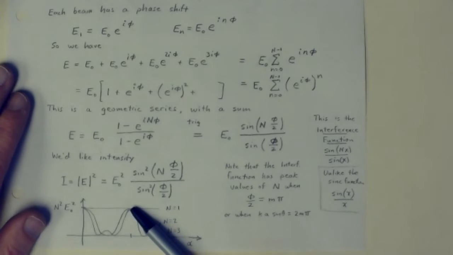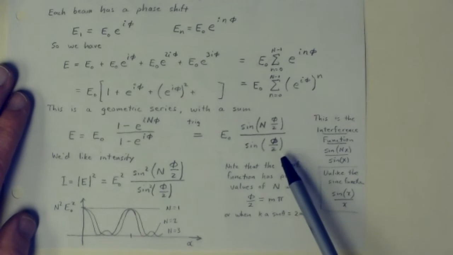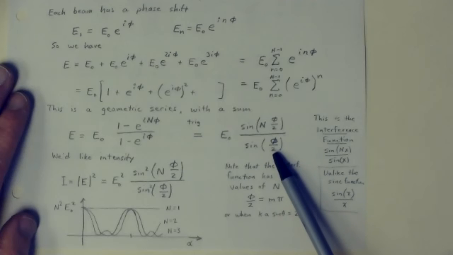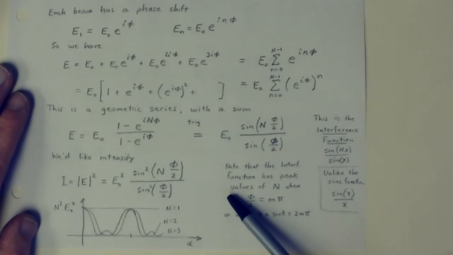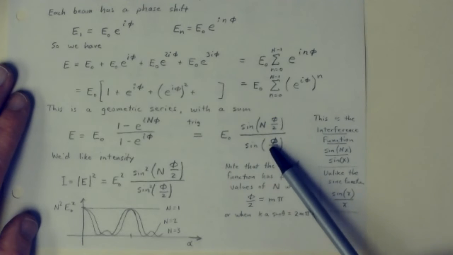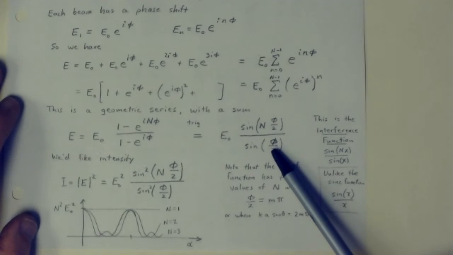You're going to have division by 0 because these peaks happen right at the value where sine of phi over 2 is 0. And you end up essentially with 0 divided by 0.